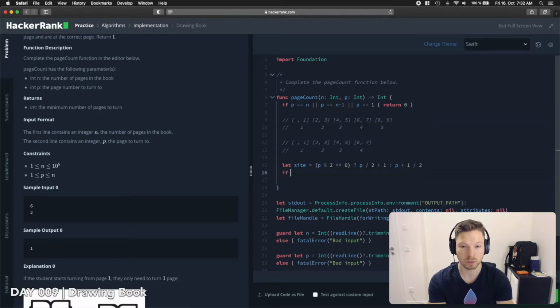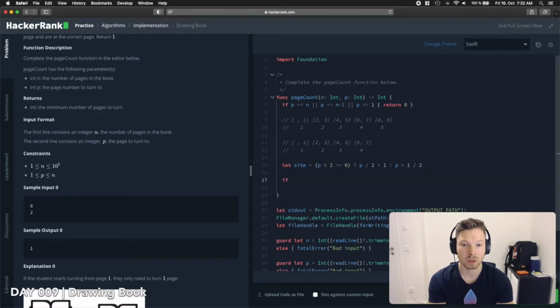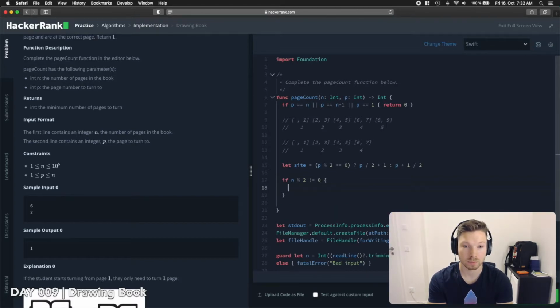Okay, so for example, if n divided by 2 is not even, then we would have n divided by 2 plus 1 turns, right?